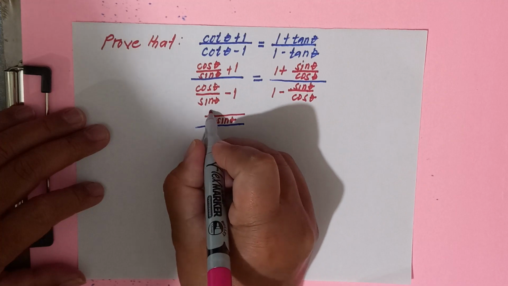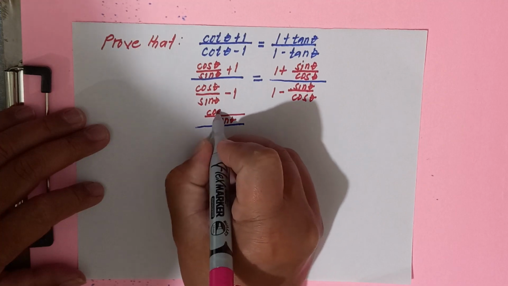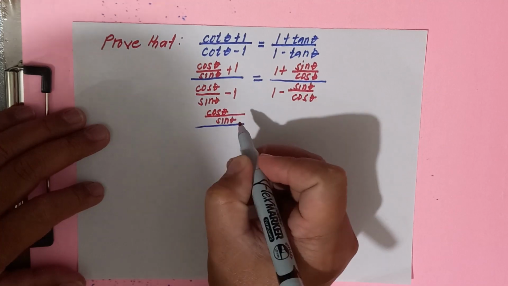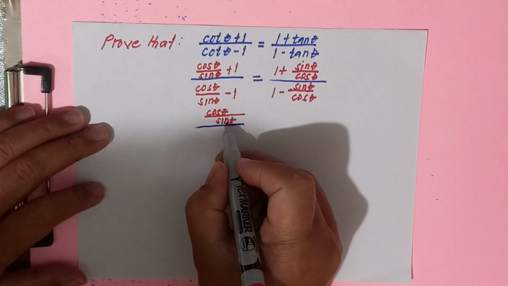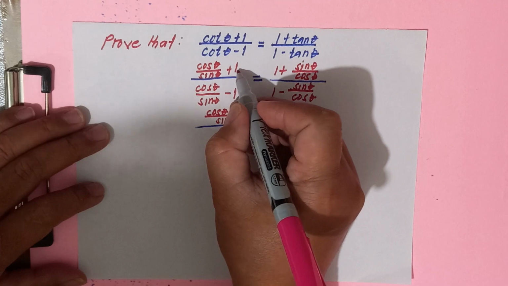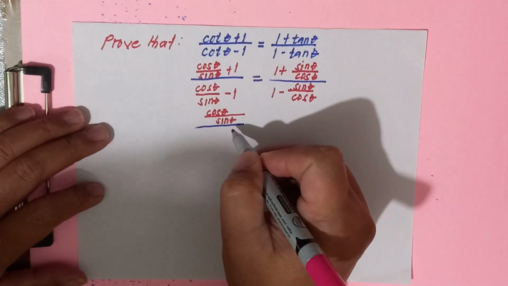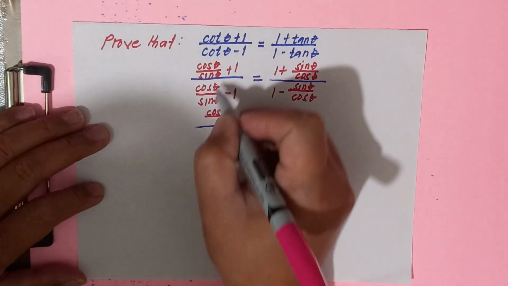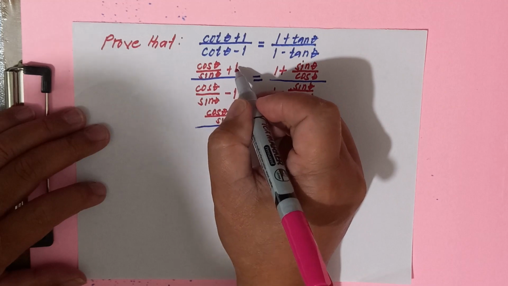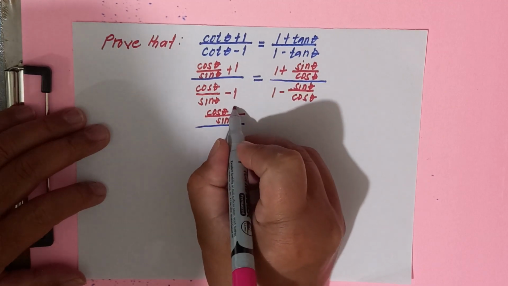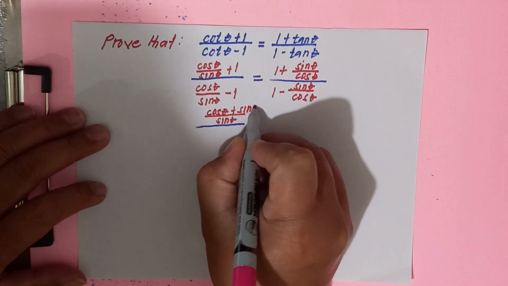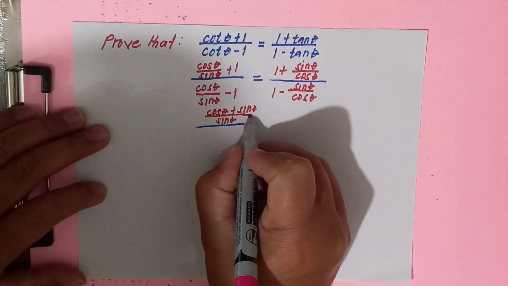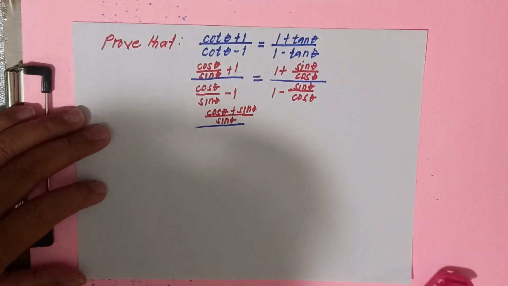So it will give you cosine theta. Now, what about this one? That is the same as sine theta divided by the denominator of 1, which is 1. So still sine theta multiplied by 1. So the result is plus sine theta. So that is the result.